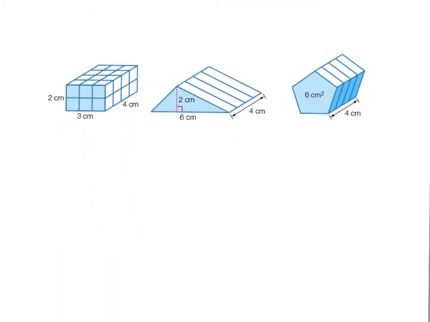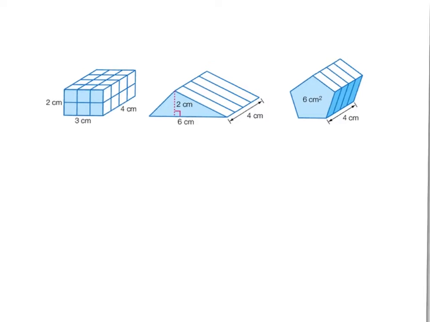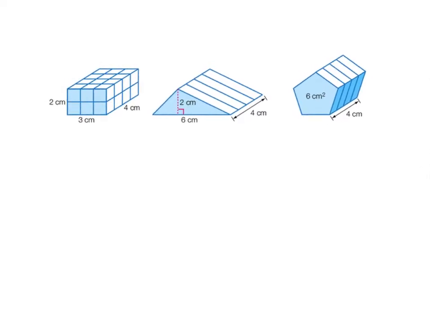In this picture here, you've got a rectangular prism, a triangular prism, and a pentagonal based prism. You always look at what the base is. So this one is a rectangular based prism because the bottom of it is rectangular.